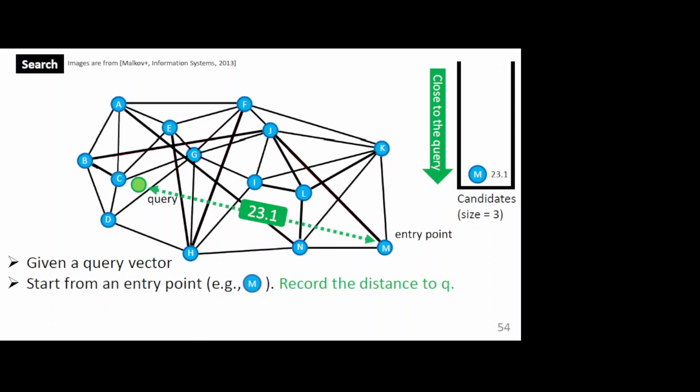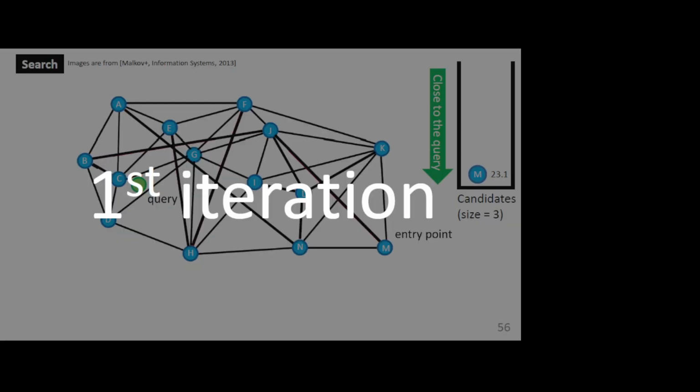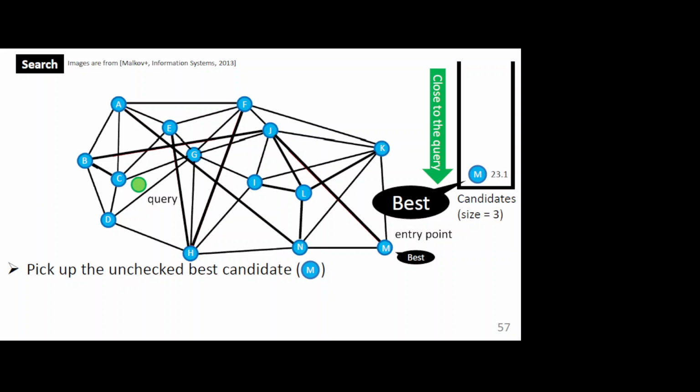Okay, so here we start from N, and we compute the distance to the query. Suppose the distance to the query is 23. We make a record here in the queue. Okay, so then we start.